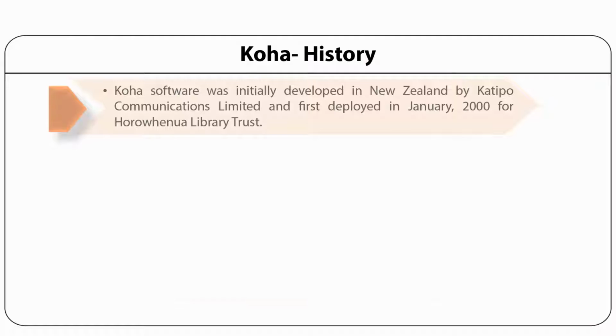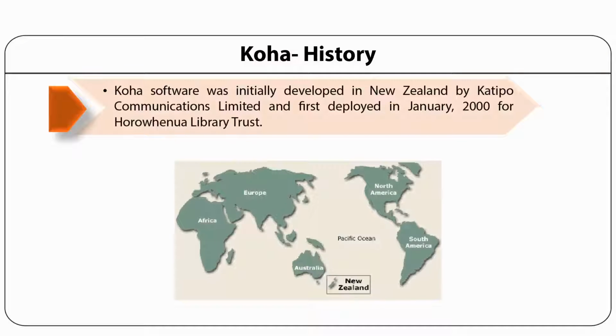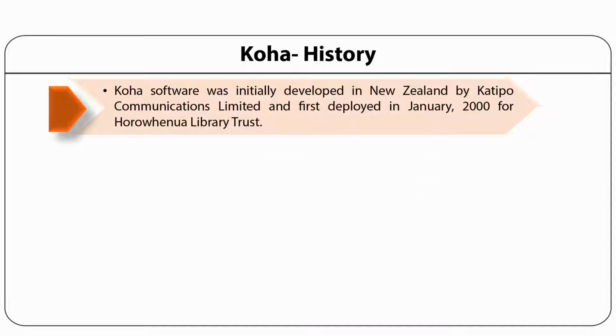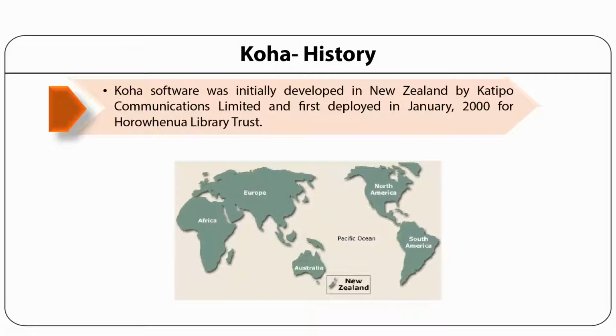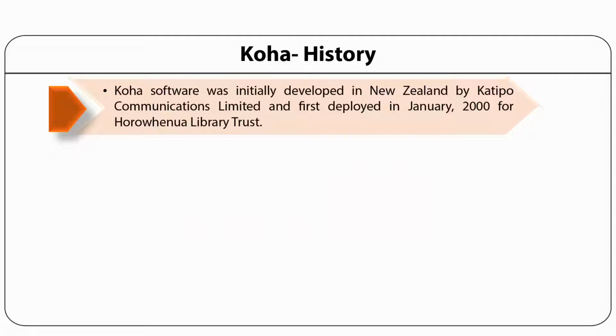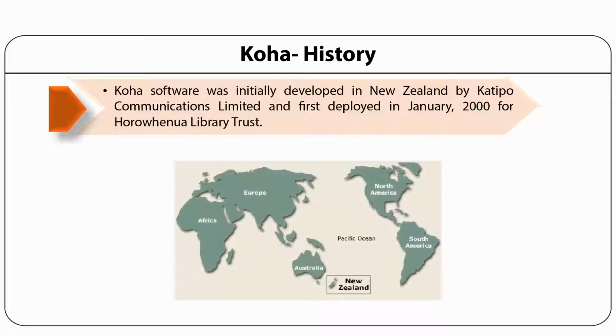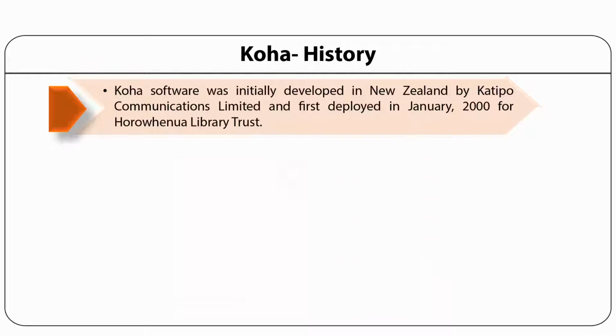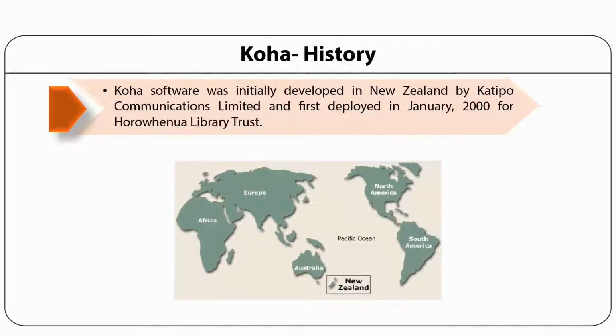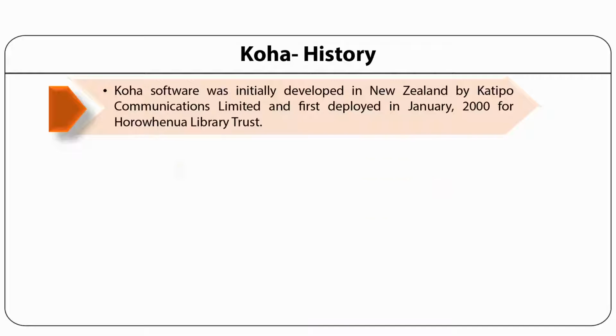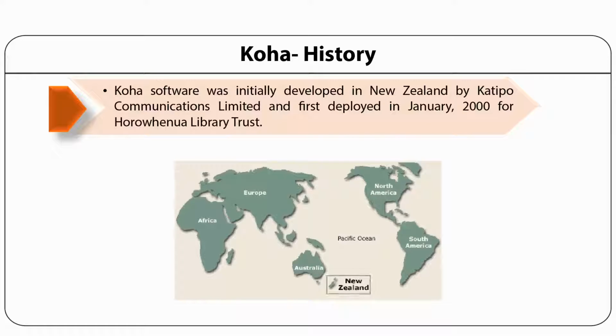Koha software was initially developed in New Zealand by Katipo Communications Limited and was first developed in January 2000 for Horowhenua Library Trust. Since the original implementation, Koha has been adopted by thousands of libraries worldwide, each adding features and functions, deepening the capability of the software.